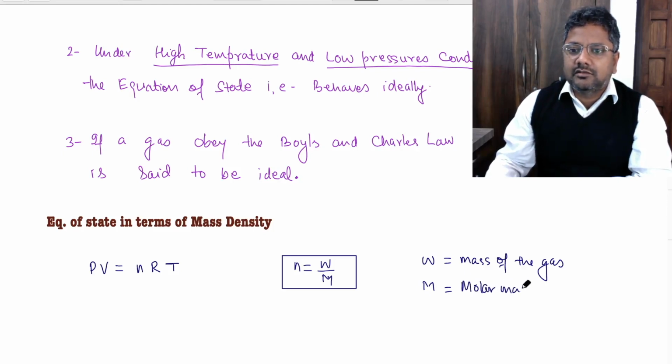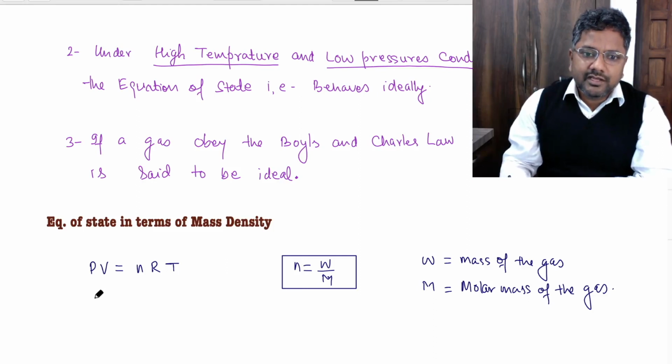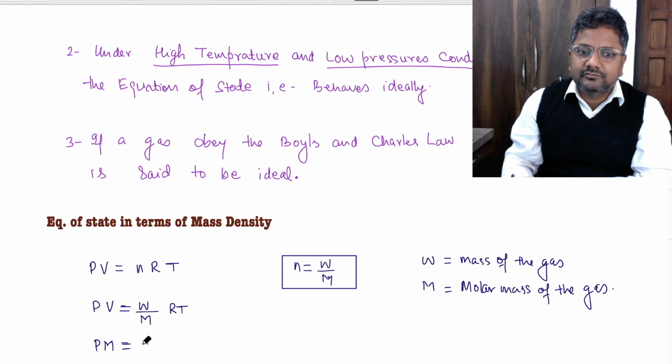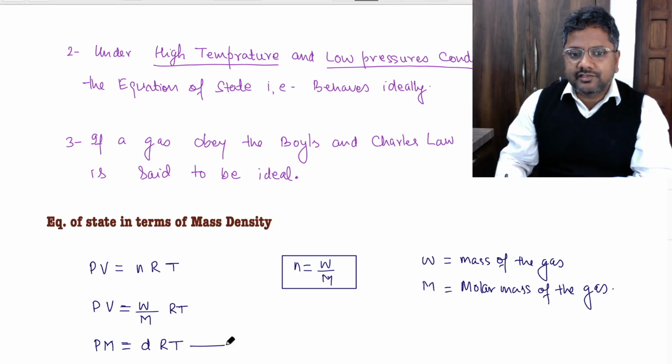So we can write PV = (W/M)RT, or we can write PM = dRT. This is equation 4.